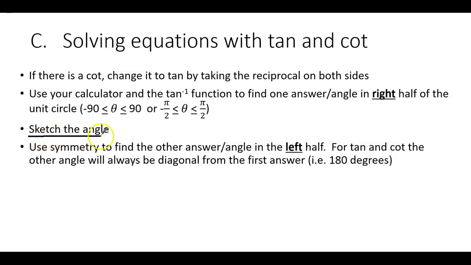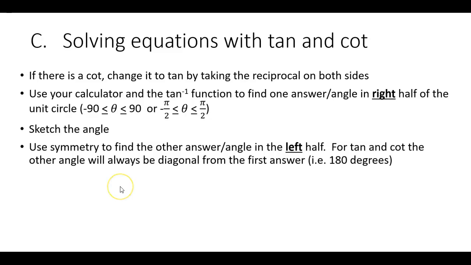Then we're going to sketch the angle, and then we're going to use symmetry to find the other answer in the other half. Now, it will be in the left side, but the way that we find this one is that it will be diagonal from our first answer, and it will always be 180 degrees away from it. And so sometimes we'll add 180 to get to the other angle, or sometimes we'll subtract 180 to get to the other angle. We'll see how that works out as we work through this.